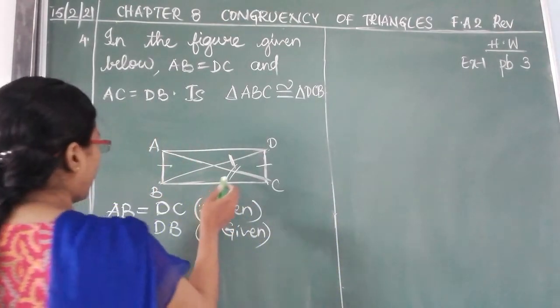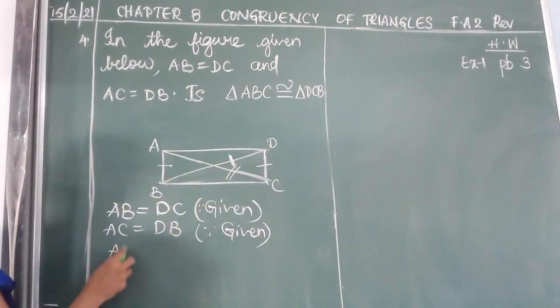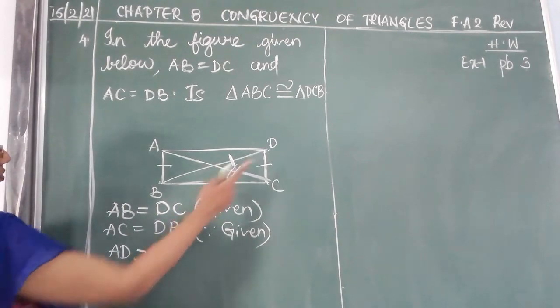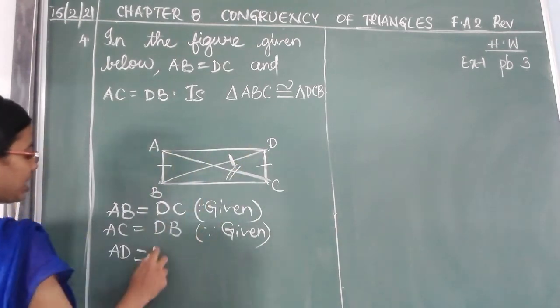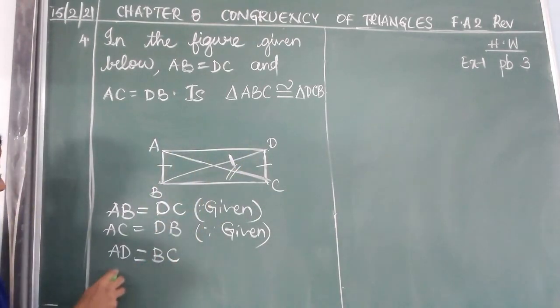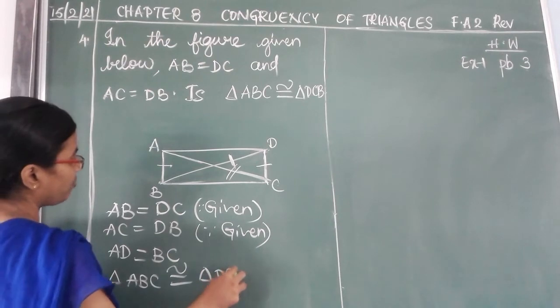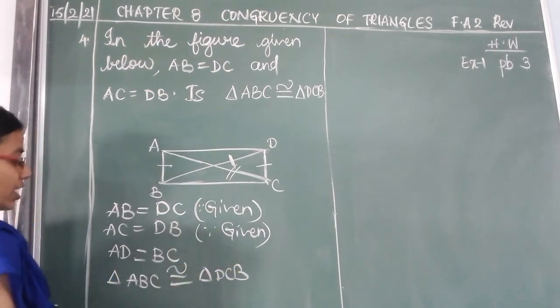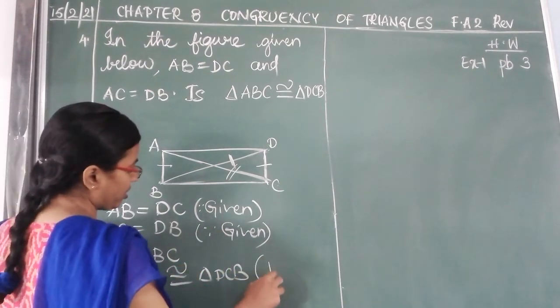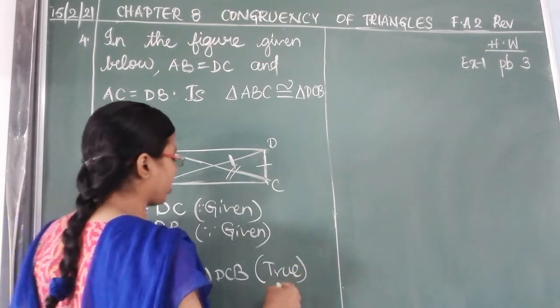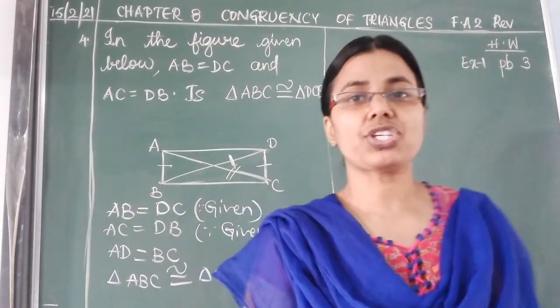So let's write the last side, that is AD is equal to BC. So triangle ABC is congruent to triangle DCB. Is it true? Yes, it is true that both the triangles are congruent to each other.